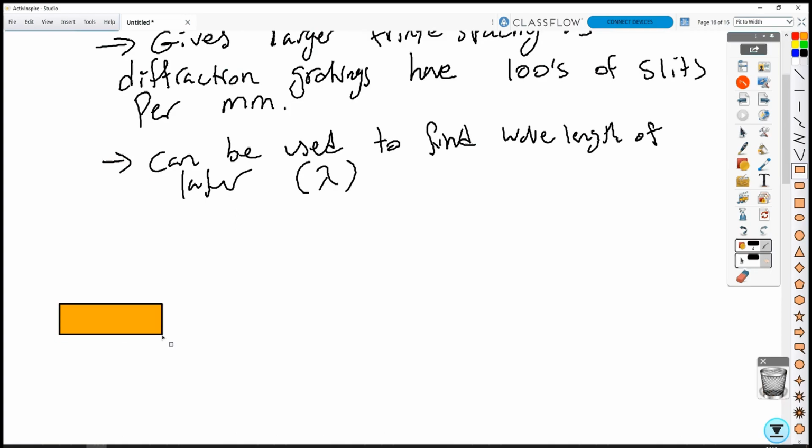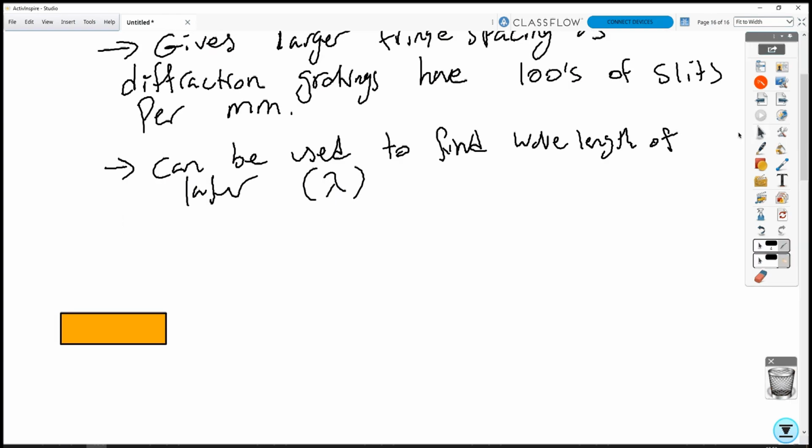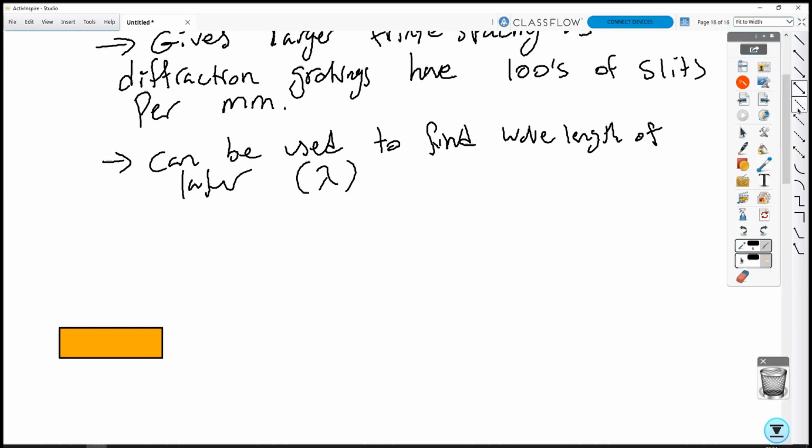To do this experiment, we need a laser assembly and a diffraction grating.